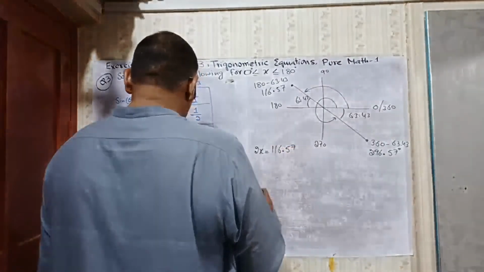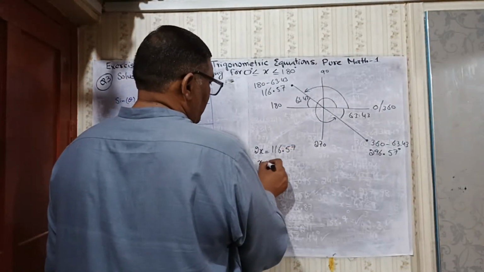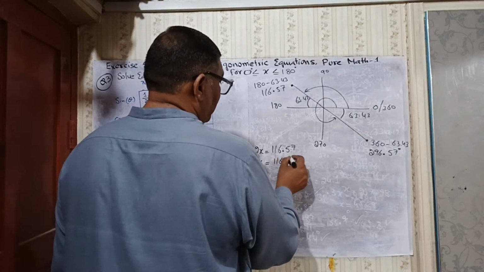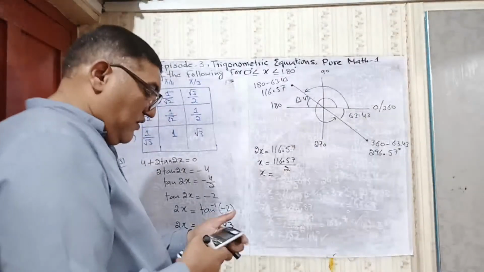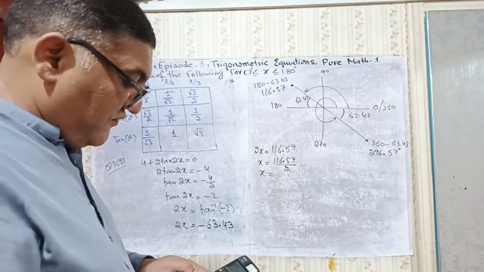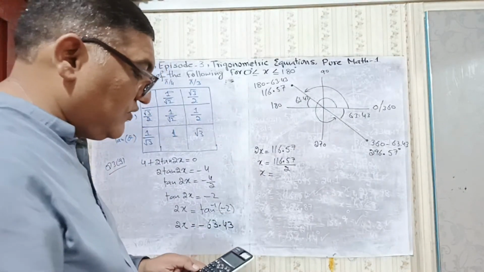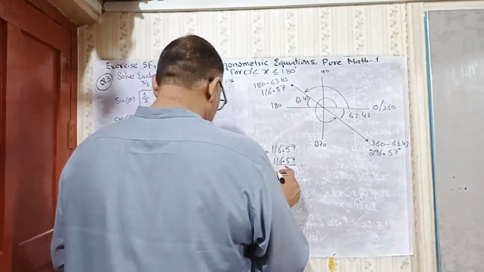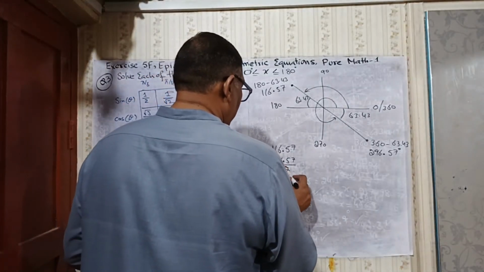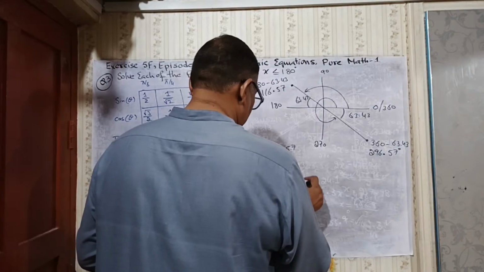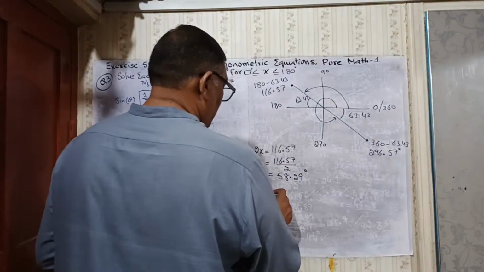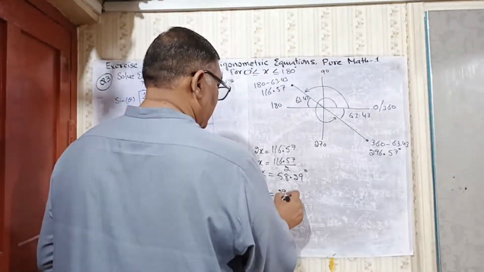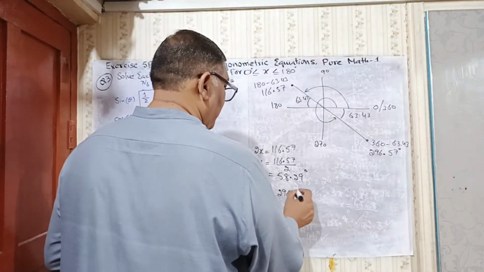2x equals 116.57. So x will be equal to 116.57 divided by 2, which is 58.29 degrees. Okay. The other angle is this one, 2x equals 296.57.